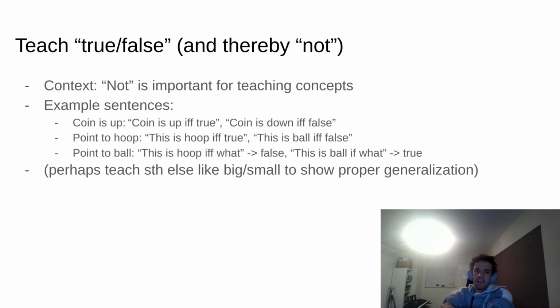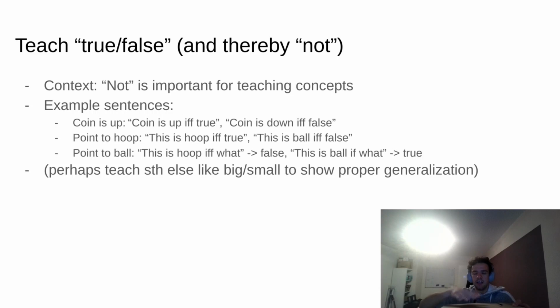And then we can test whether they can complete this pattern correctly. Pointing to something, okay, now the coin is up, and we say "coin is up if what?" And then they say true, hopefully. And when we say "coin is down if what", they hopefully recognize, wait, that doesn't fit the pattern of what we previously learned, so it's probably "if false" after that.